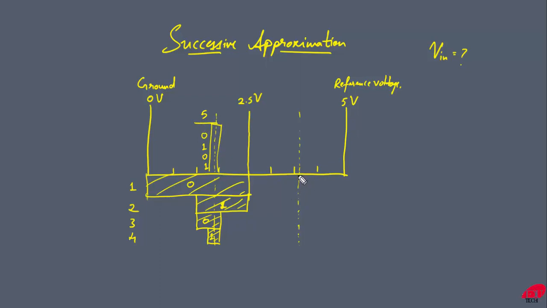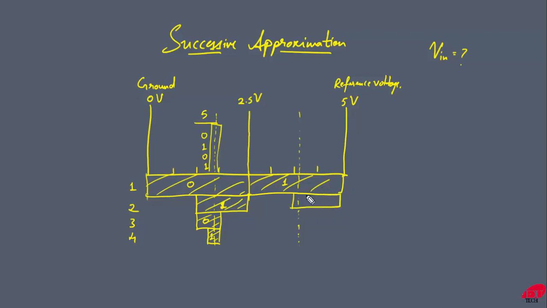Now let us take another example. Let's say this is your input voltage, and you have to find what the actual voltage is. As this voltage lies in this region, and as it is greater than 2.5 volt, we will give it a value 1. Now we compare whether it lies in the lower half of this voltage region or the upper half.